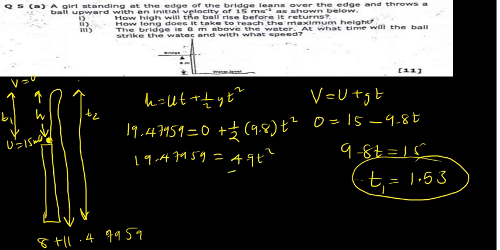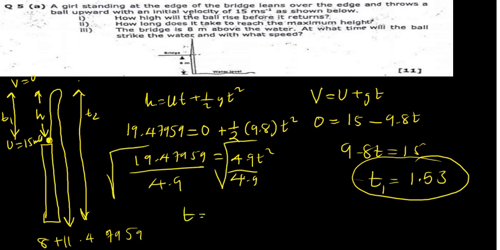Divide both sides by 4.9. This will give us t squared, and then we square root both sides because we don't want t squared, we just want t. Therefore t in this case, that is t2, is going to give us 1.99 seconds.